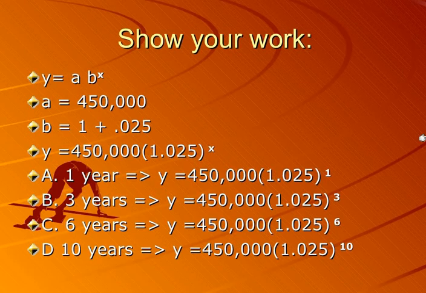You have to change it first into decimal, so divide it by 100, and it will be 0.025, or 25 thousandths. Then you must add it to 1, because the growth factor is always more than 1. Then you put x as an exponent, and after 1 year you put 1 instead of x, after 2 years 2, or 3 years 3, and you find the population according to the formula.